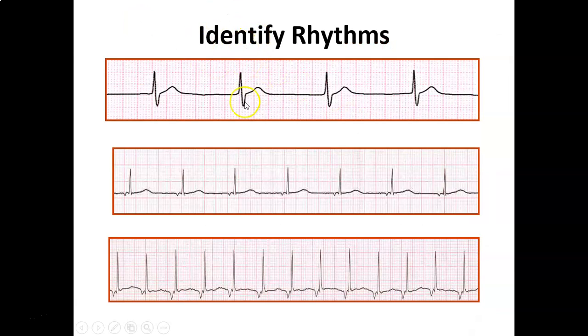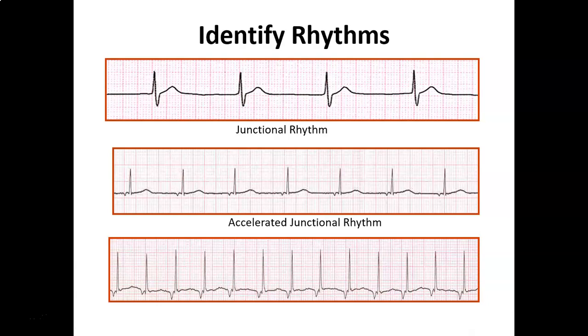So let's identify a few rhythms. If you see here, slow heart rate, less than 60, no P wave, narrow complexes. So this is your junctional rhythm or junctional escape rhythm.